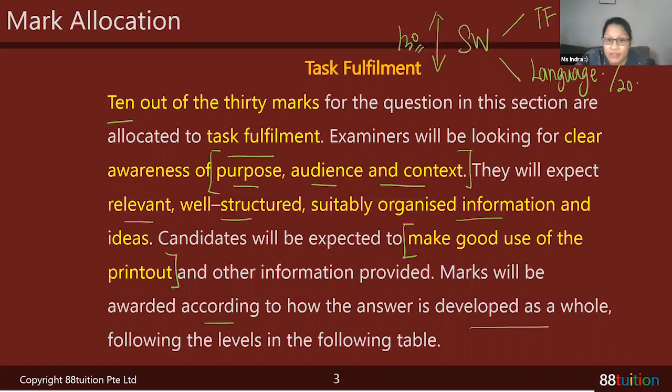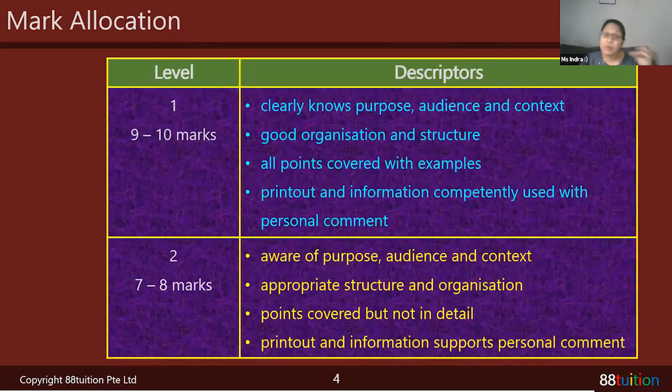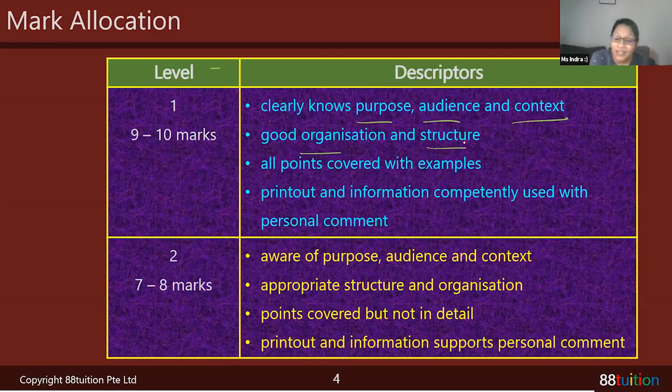Okay, so let me just give you the rubrics of what we're actually looking at for your task fulfillment. Remember, we're always aiming for the highest two tiers. For the 9 to 10 marks, you definitely know your purpose, audience, and context. You have good organization and structure. You give examples that are obviously relevant to what you are saying.